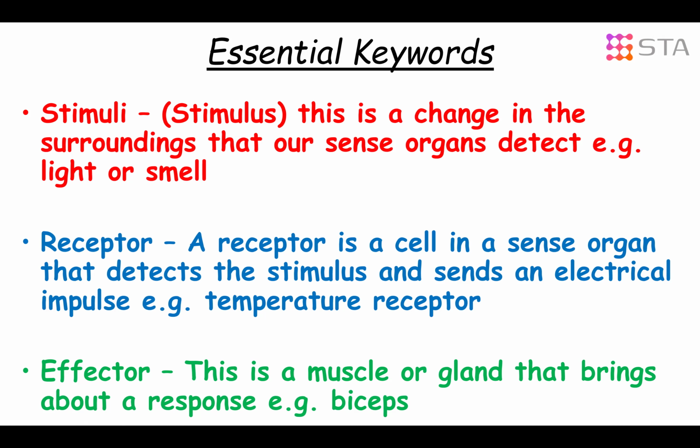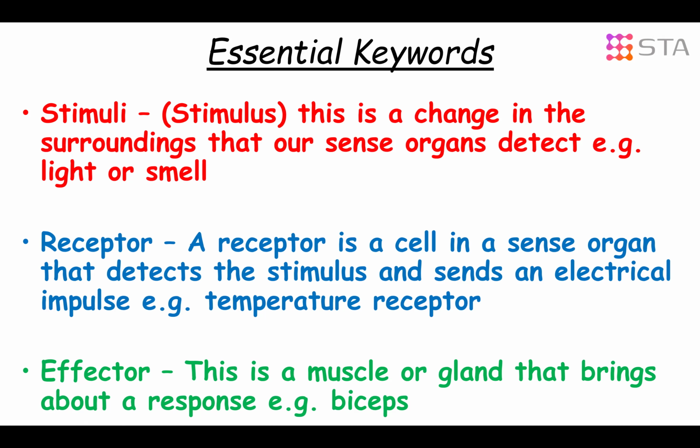The second word that we need to know is receptor. A receptor is a cell, like a taste bud or touch receptor in the skin, a cell inside a sense organ that detects the stimulus and sends an electrical impulse along the neurons to the brain and spinal cord.